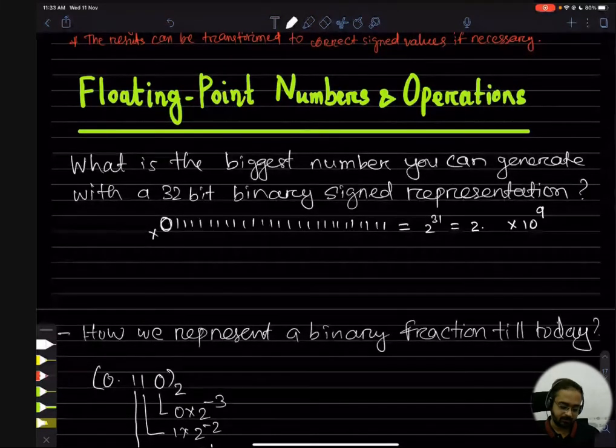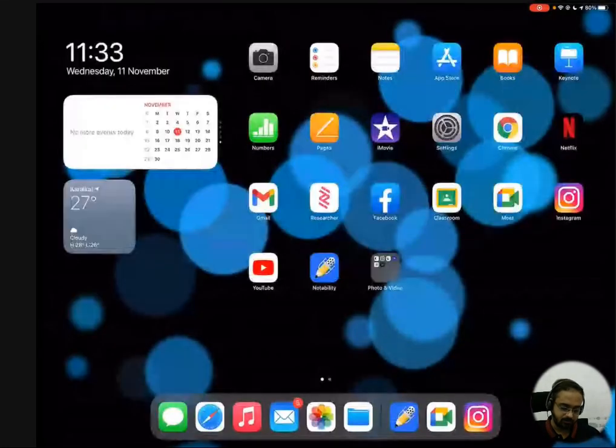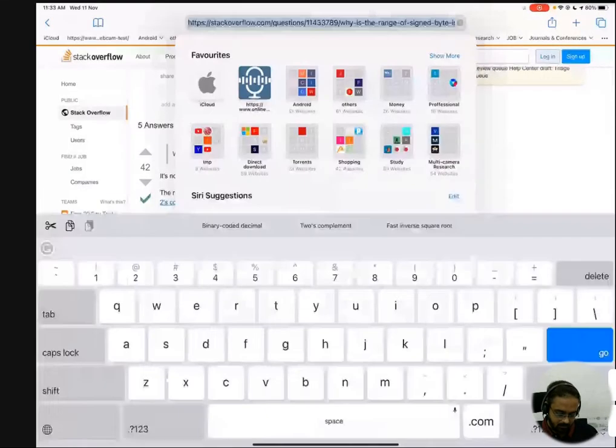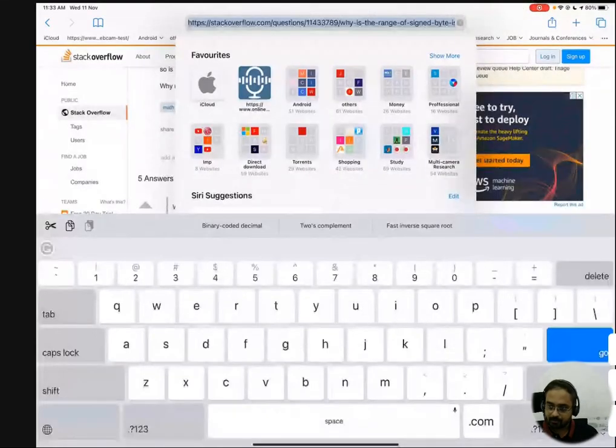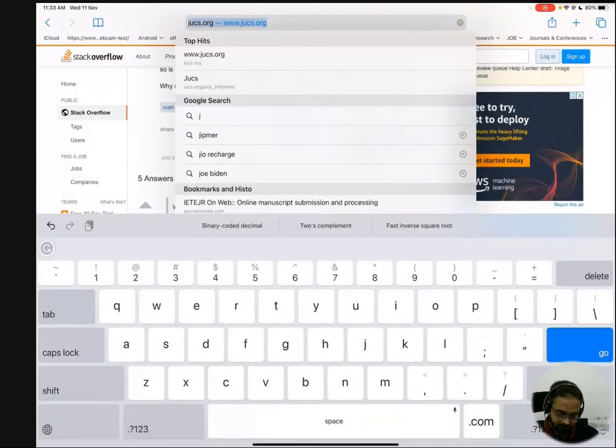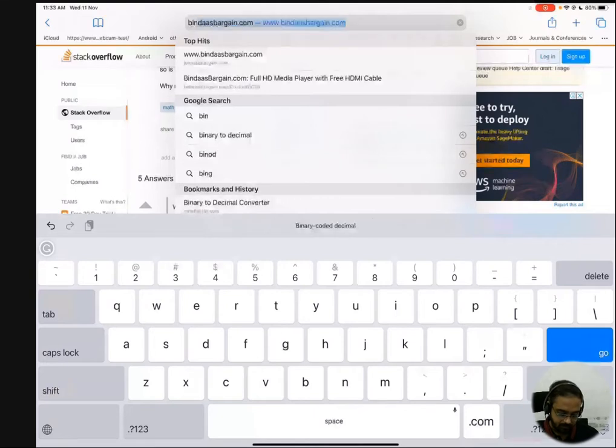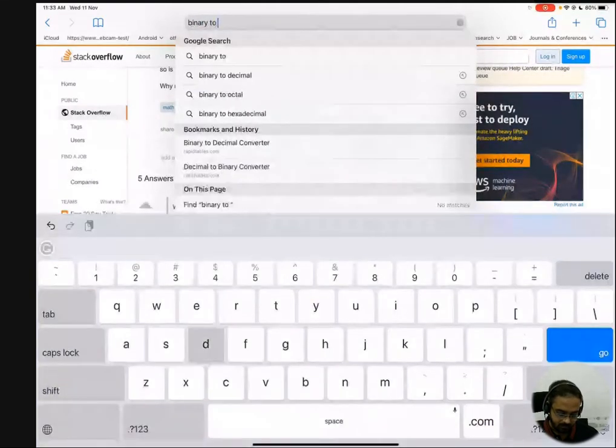Can you see? Can you check? Let's go to binary 2.15, yes, that one. We'll convert it here, binary to decimal.